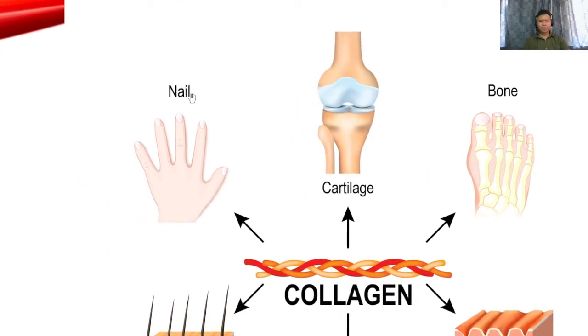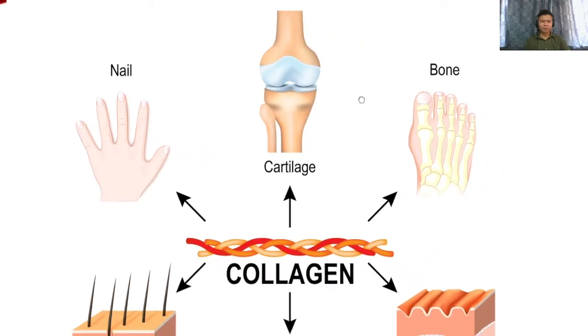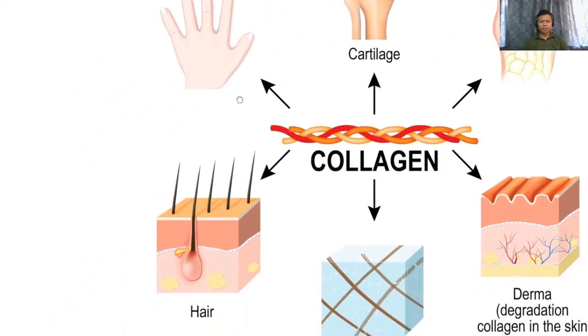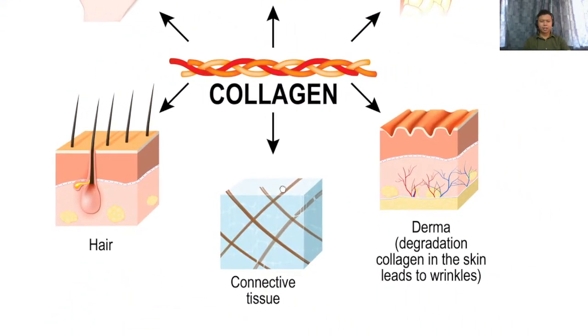Collagen is also found in our nails, bones, hair, and in our skin. So we have the dermis. The degradation of collagen in our skin leads to wrinkling.